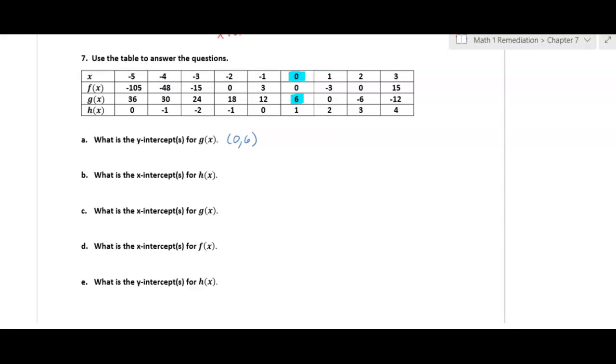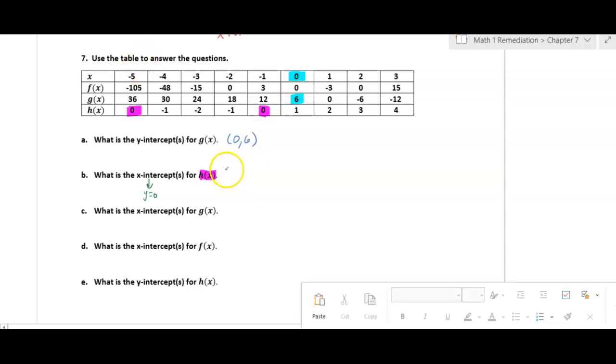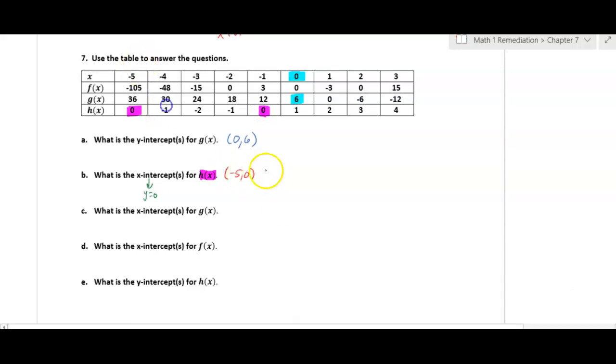Now the x-intercept for h of x, that I'm looking for when y is equal to 0. So if I go to h of x, I'm going to scroll until I see a y value of 0. Here's another y value of 0. So this graph has two x-intercepts. One is going to be at -5, 0. The other one would be at -1, 0.